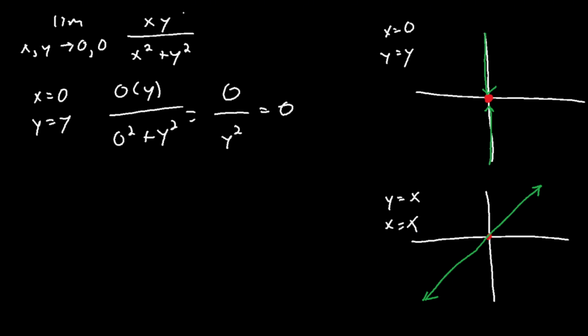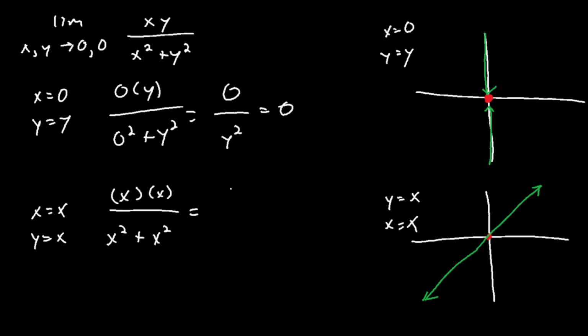So what happens if we do this? Well, if y is equal to x, correct? Let's rewrite everything here. Y is equal to x. We substitute all these values in. We get x times x, and x just stays the same, but y changes to x.